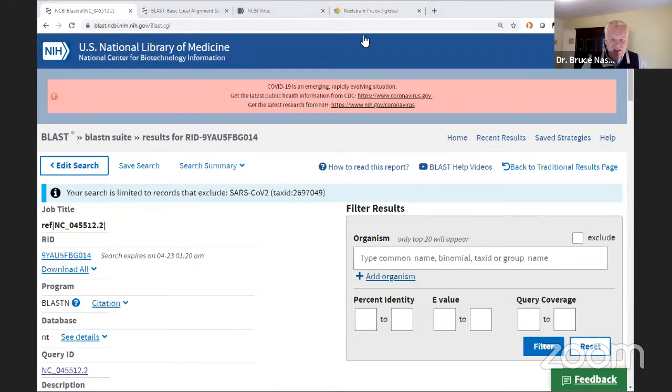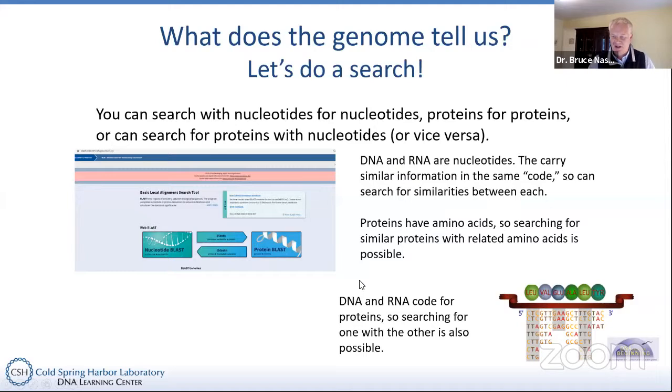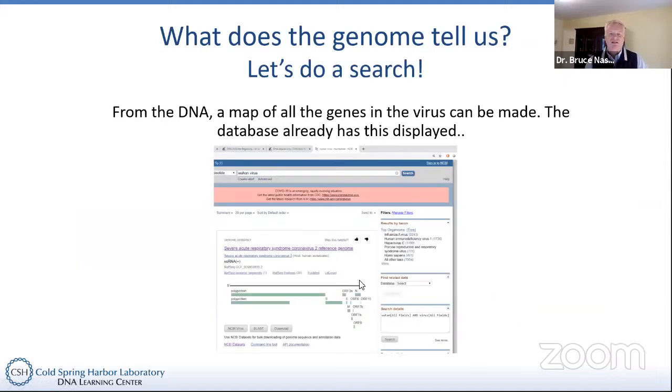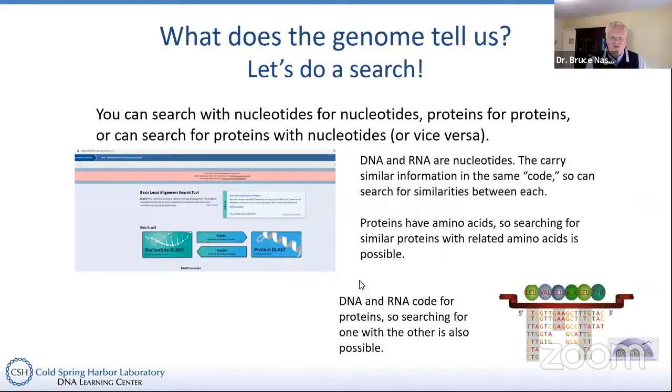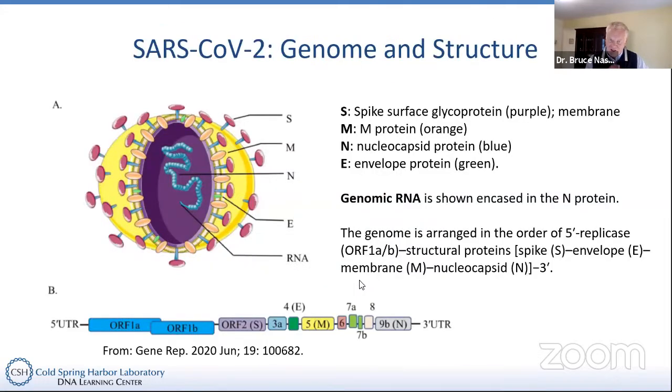So I'm going to go back into my presentation. Hopefully I can make it full screen there. And remember, we went and we searched and we found out a lot of things about where this thing might be from. But I wanted to go back and just say a little bit about what these genes might code for.